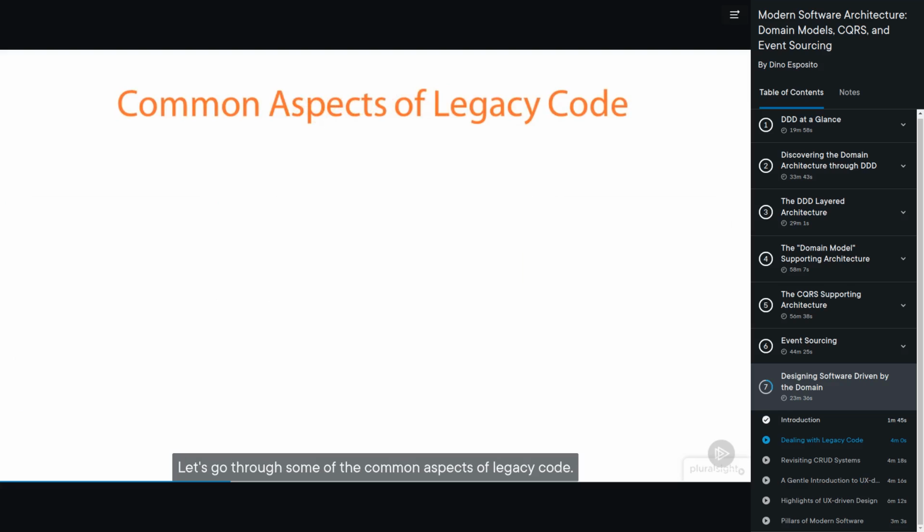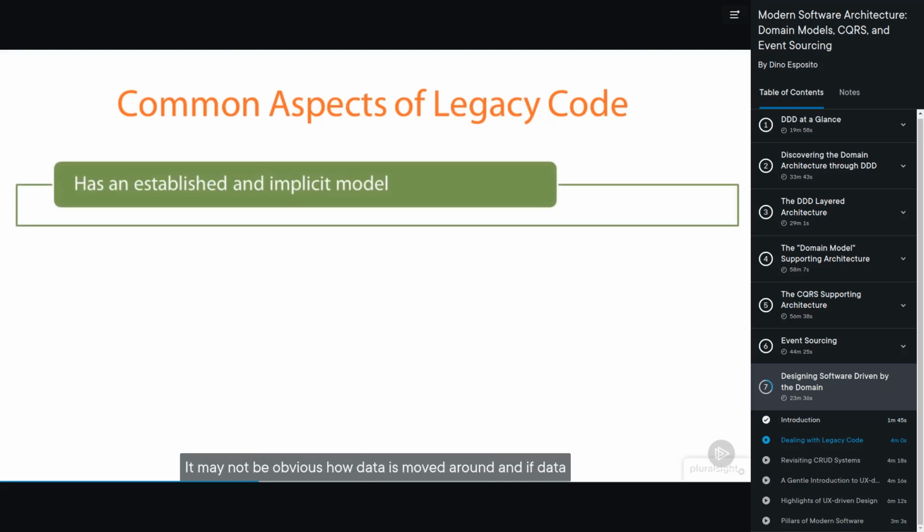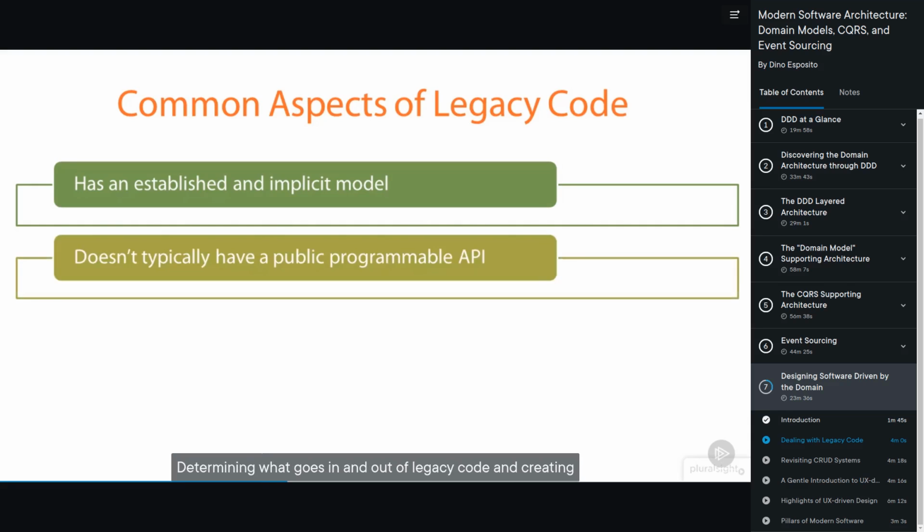Let's go through some of the common aspects of legacy code. Any existing and running code has probably its own data model established and implicit. It may not be obvious how data is moved around and if data is packaged in classes or source items. Determining what goes in and out of a legacy code and creating a sort of an interface may then be hard.